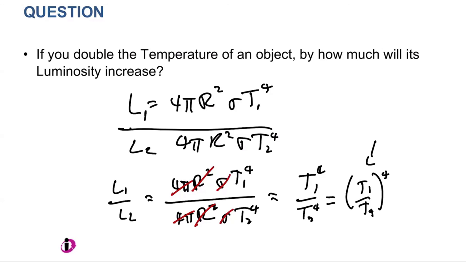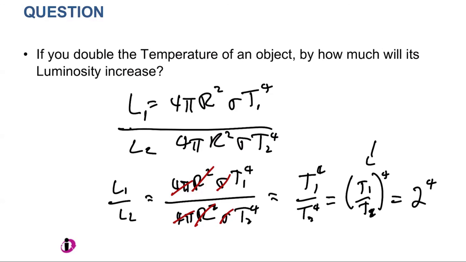And I know what this ratio is. If object 1 is double the temperature of object 2, then this is just 2 to the 4th power. So taking ratios of things makes it so that you can see how changing a single variable will affect that parameter on the other side.